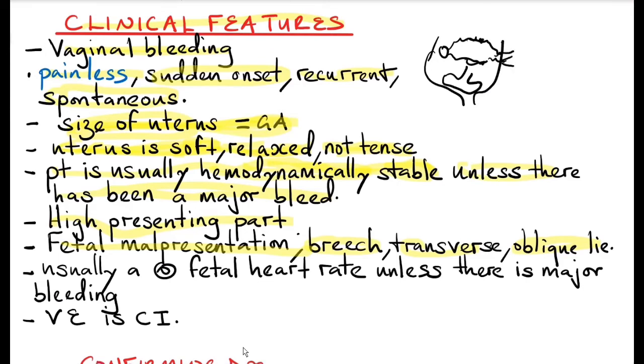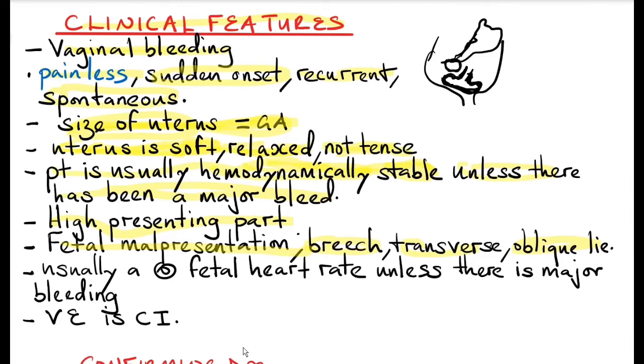Okay. Oblique lie is where the head is somewhere here. The rest of the body is going like this. This is common in placenta previa because the placenta usually disturbs everything here. Instead of the fetus being well applied to the pelvis, it's either in breech or in transverse.